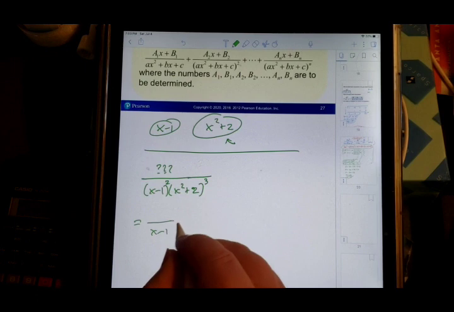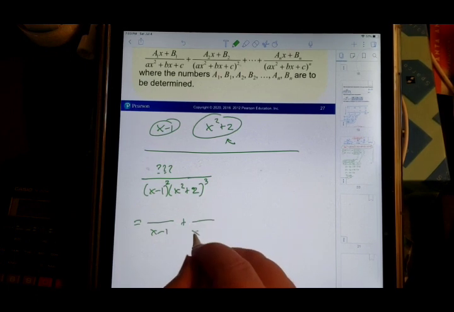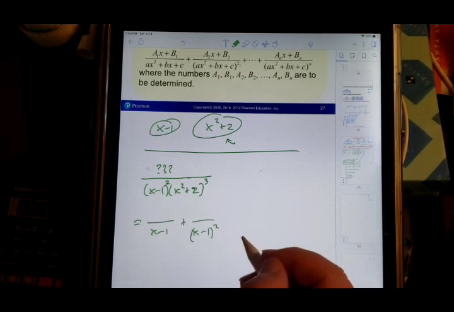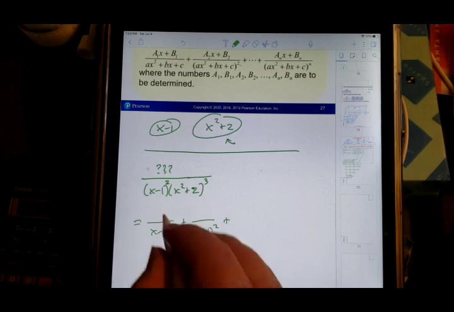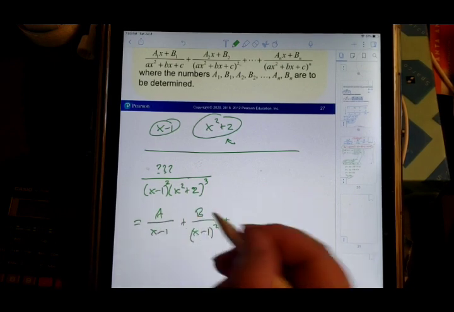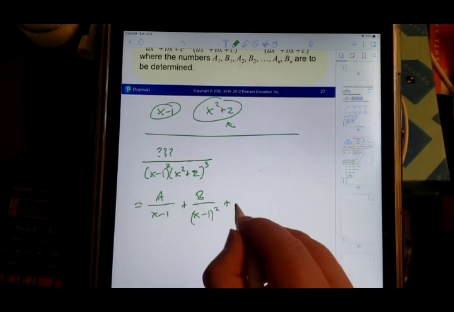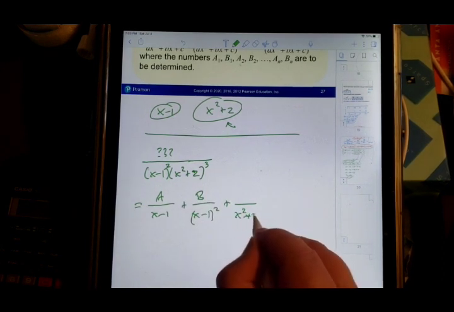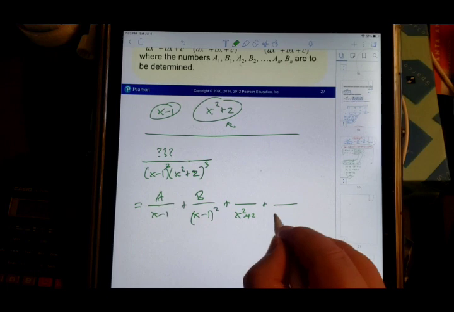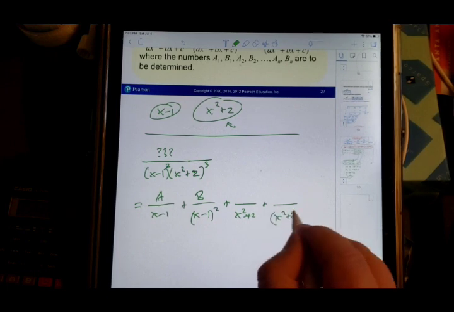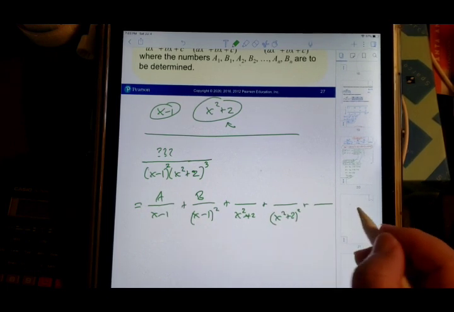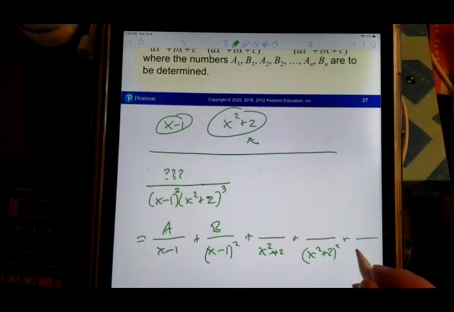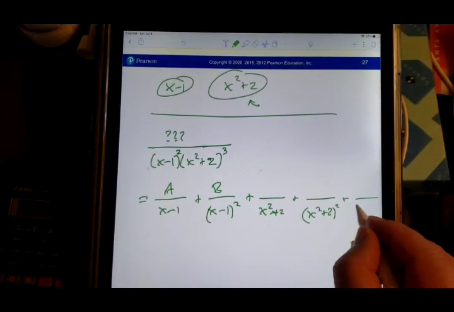I need an x minus 1. I need an x minus 1 squared. And on top of the linear terms, it's just a single character. I need an x squared plus 2, x squared plus 2 squared, and x squared plus 2 cubed.